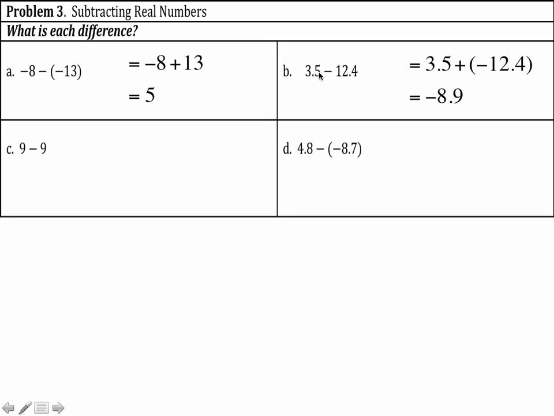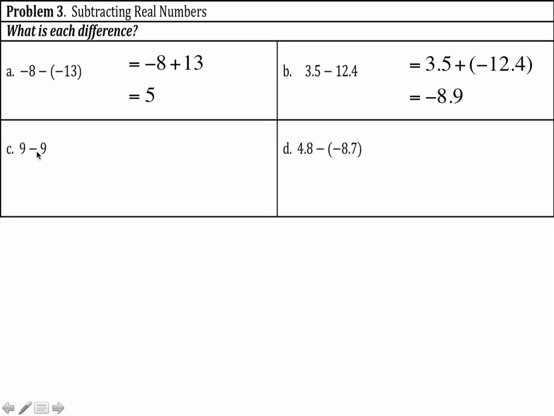In number B, 3.5 minus 12.4 is 3.5 plus negative 12.4, which is negative 9.8. Different signs, subtract them, and then take the sign of the bigger number.